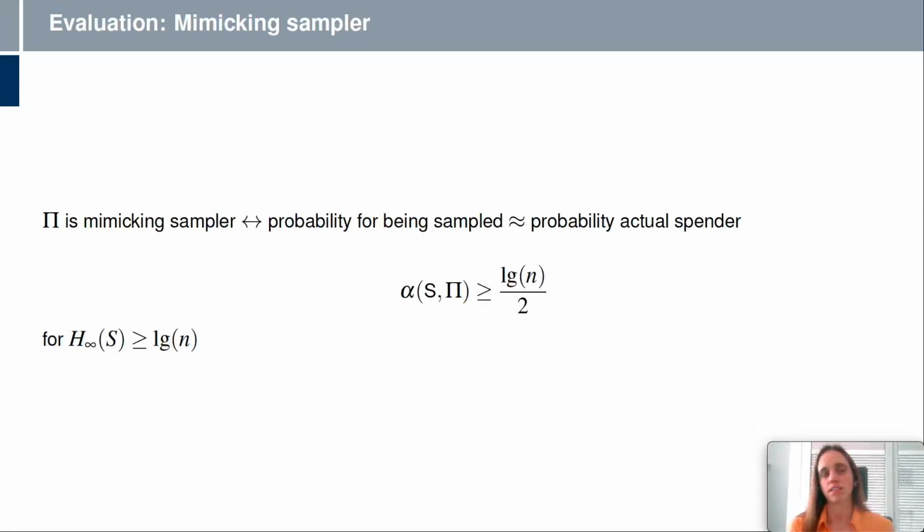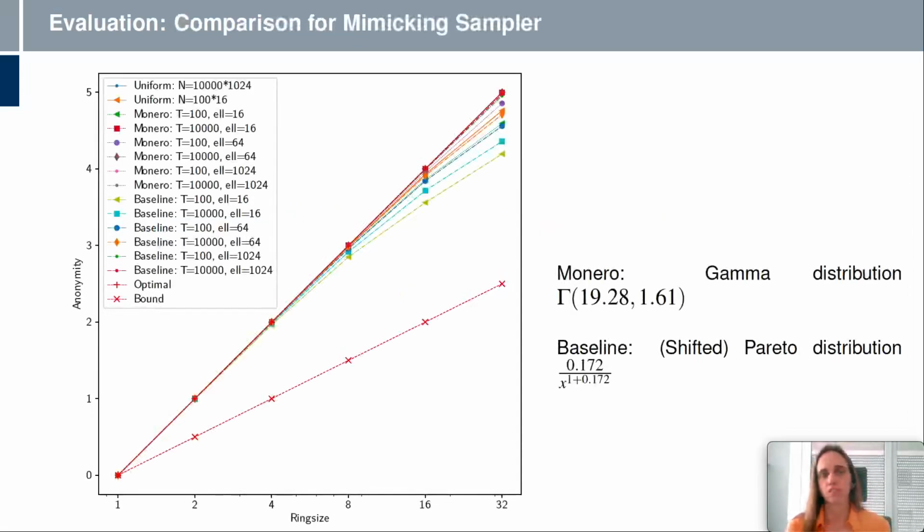Now this logarithm n half might not sound that good, but as I said, it's a lower bound, which we could prove. And if we now see empirical data, again, we made a lot of sample runs, both for the baseline distribution we found, for the gamma distribution Monero is using, and as well for the uniform distribution.